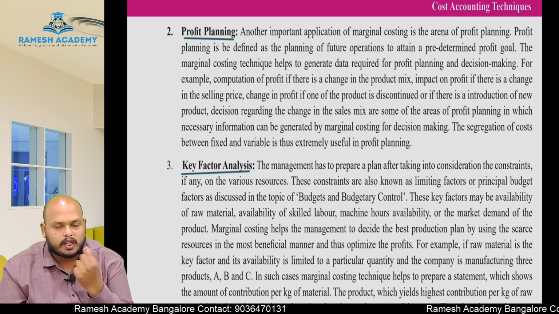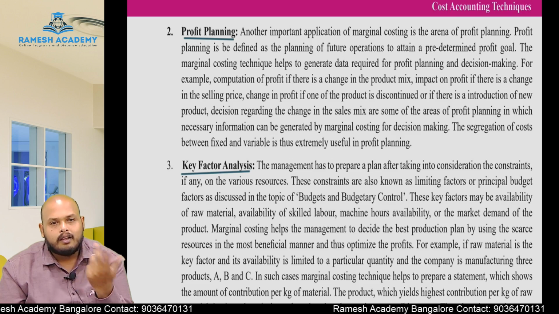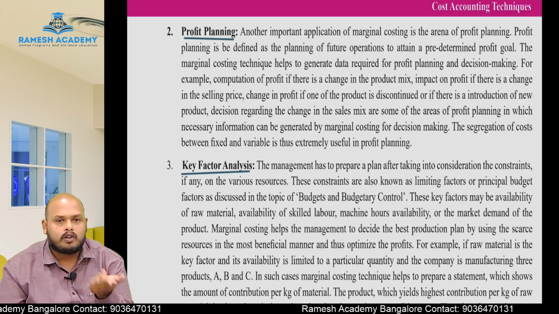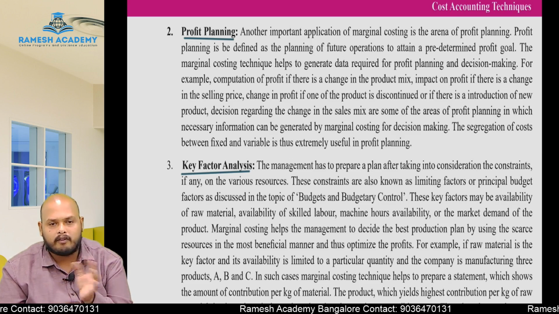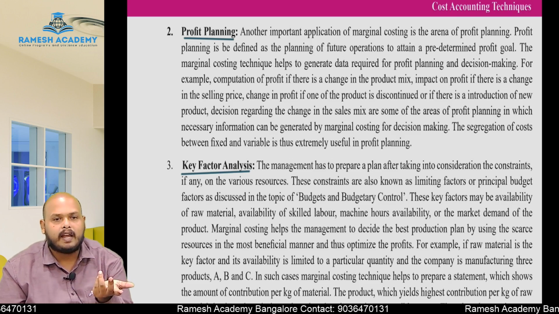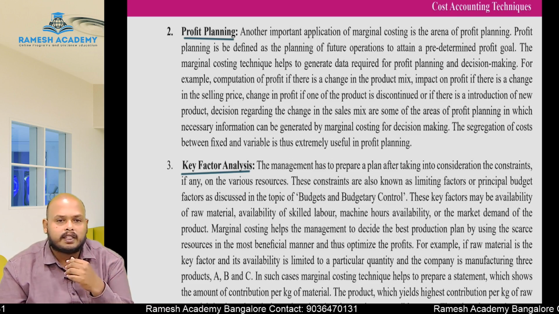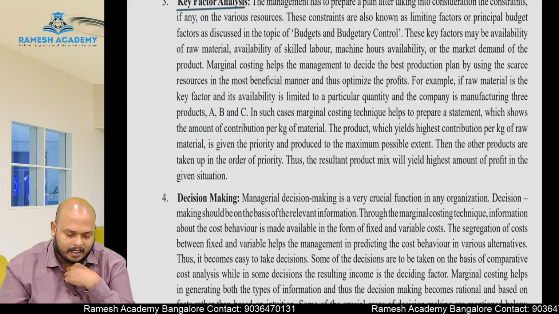If there is a shortage of raw material, can we produce finished products? No, right? Next, shortage of labor. Raw material is plentiful but labor is not there. Can we produce the finished goods? No, right? Any factor which restricts the production capacity is called a key factor. So key factor analysis we will do here.